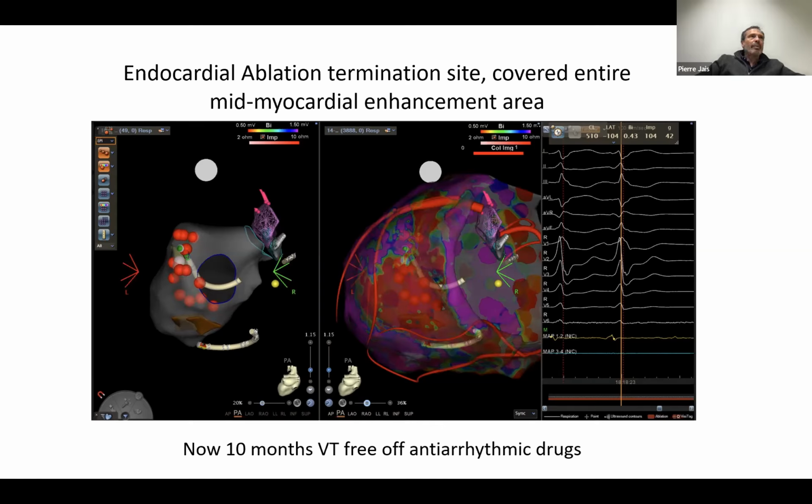And how do you feel about having some image integration describing the substrate versus your ability to image that substrate during the case with ICE? I think they're both synergistic.